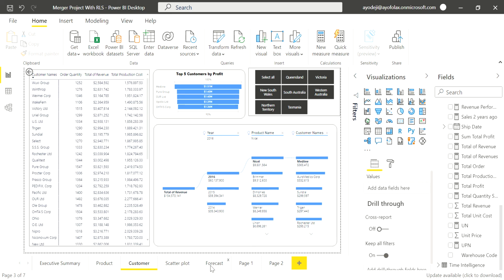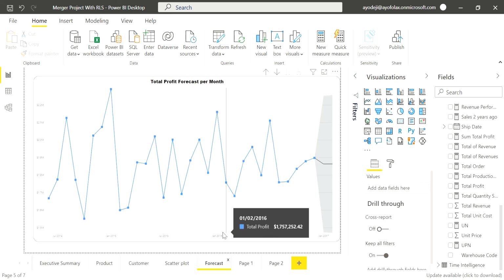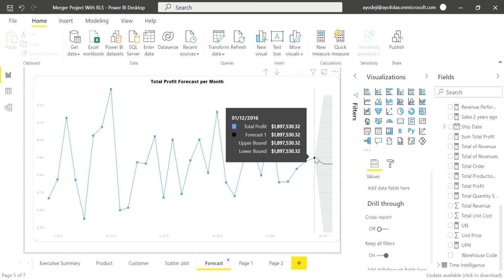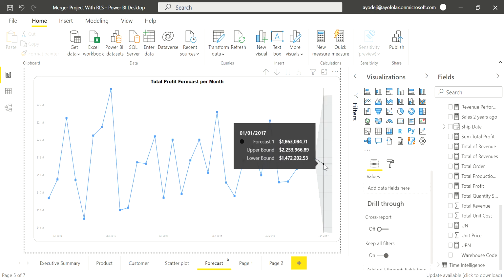A sales forecast is also made looking at the monthly sales, and you could see the general overview of the sales across each month. The last month which was looked at was December of 2016, but the forecast for January of 2017 and February of 2017 has been made, and this was predicted.